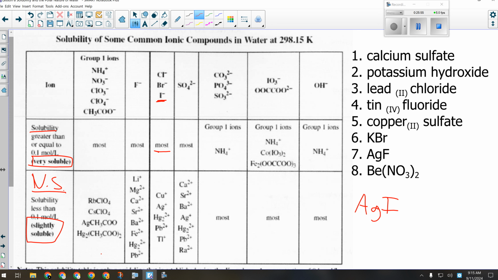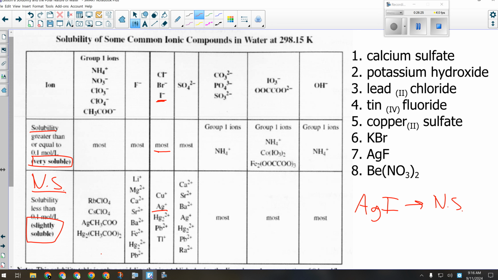So if you see the word most, it means look in the other row. I look down here and I see that it's not soluble when it's copper, and I see silver in that row. That means that compound is not soluble. If I put it in water, it would simply fall to the bottom. It would not dissolve in water, or very little of it would.